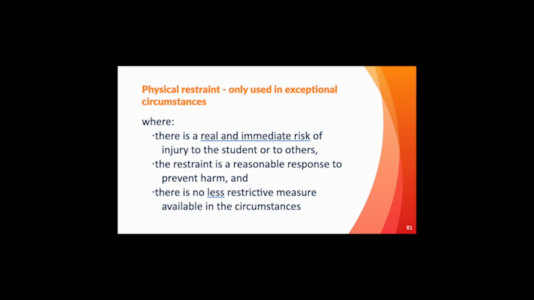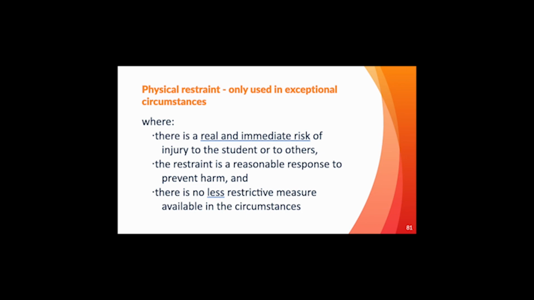One of those times I was in a woodwork class and a student raised a wood chisel, and was about to stab another student. So I needed to intervene and physically restrain this student so the other student didn't get hurt. So where there is real and immediate risk of injury to the student or to others, where the restraint is a reasonable response to prevent harm.